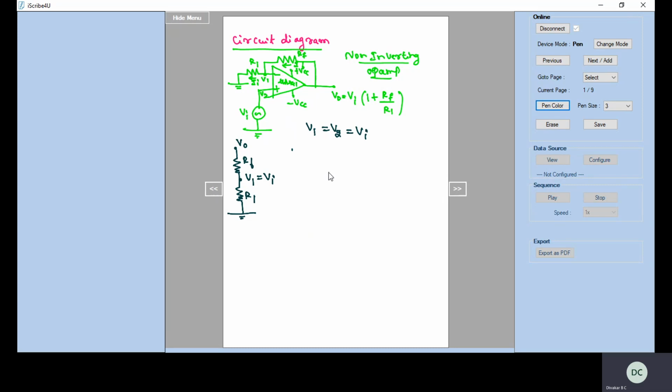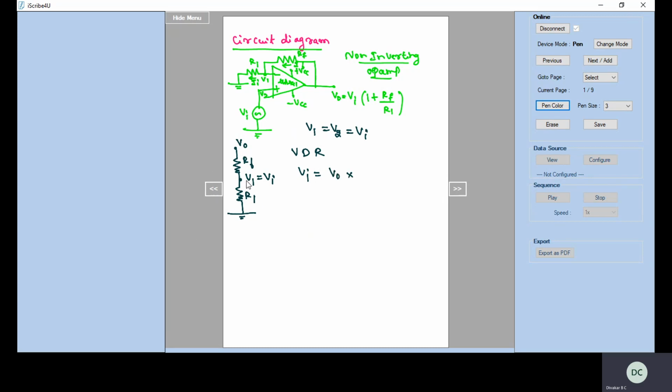So make use of the voltage divider rule. The voltage divider rule states that the voltage across that branch is equal to the applied voltage. What is the applied voltage here? The applied voltage here is V0, into the drop across that resistance.